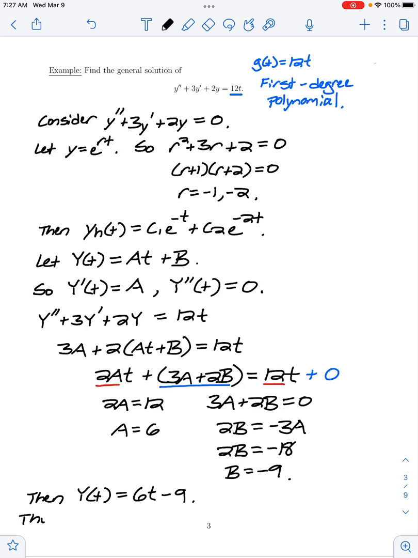And so to find our general solution, y of t, of the non-homogeneous equation, we sum the homogeneous solution, which was c1 e to the negative t plus c2 e to the negative 2t, and our particular solution, which was 6t minus 9.